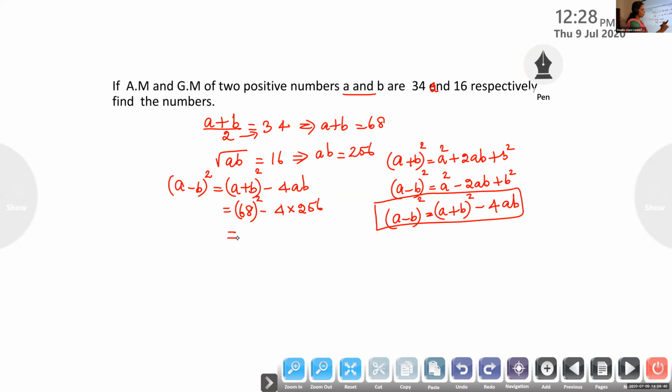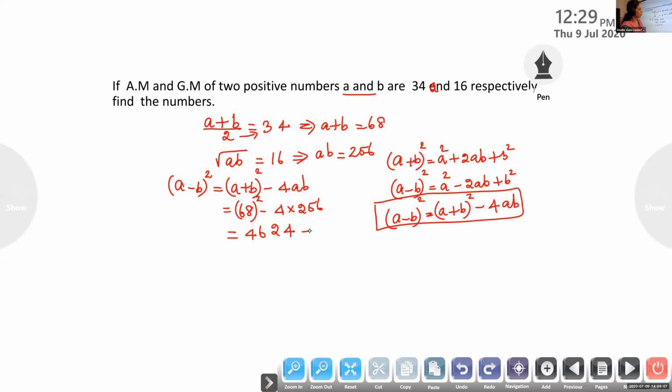So here a plus b is given, and from there we are going to find out what is (a minus b) the whole square. (a minus b) the whole square is (a plus b) the whole square minus 4ab. Aparna, what is 68 square? 4624. Okay.